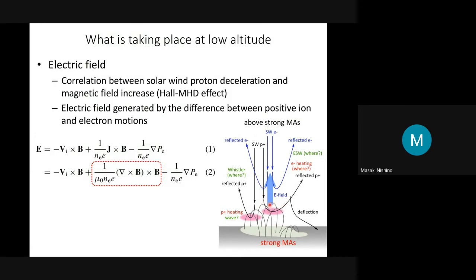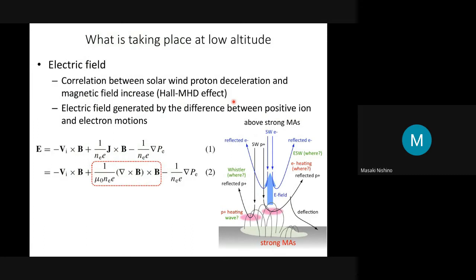So due to the charge separation, an upward electric field is generated as displayed here. This electric field decelerates incident ions around here, but simultaneously, incident solar wind electrons are accelerated by the electric field. So this is a kind of whole MHD effect.